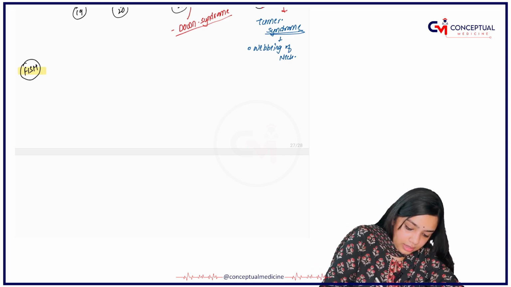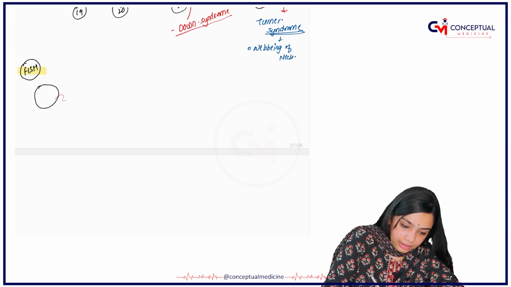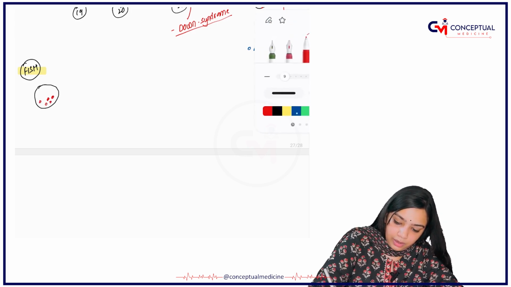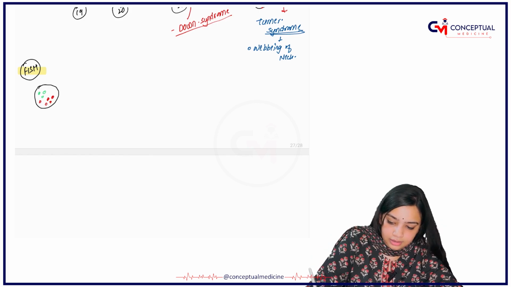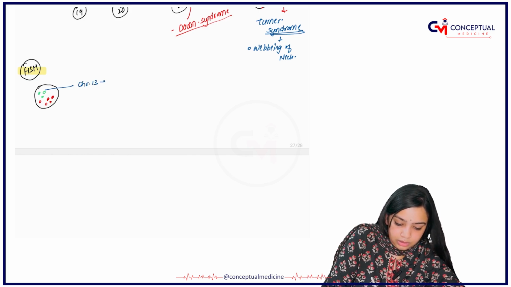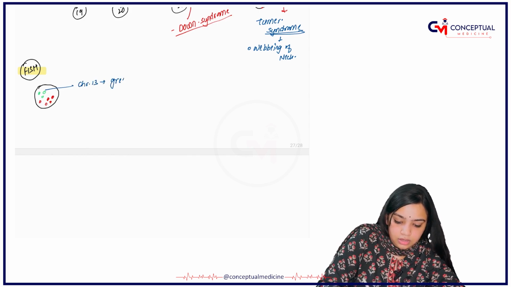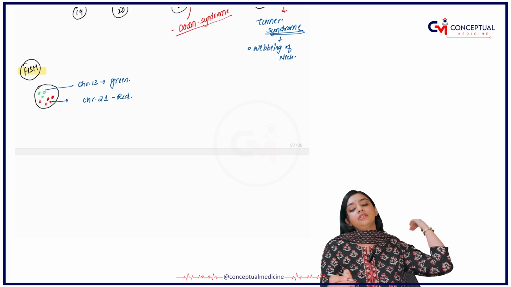Okay. See, this is the figure, and in this you have certain red lights and certain green lights. Green lights are less as compared to the red ones. So you are able to appreciate that this is chromosome number 13, presented with the green color, and this is chromosome 21, represented with the red color, and the red colors are more.